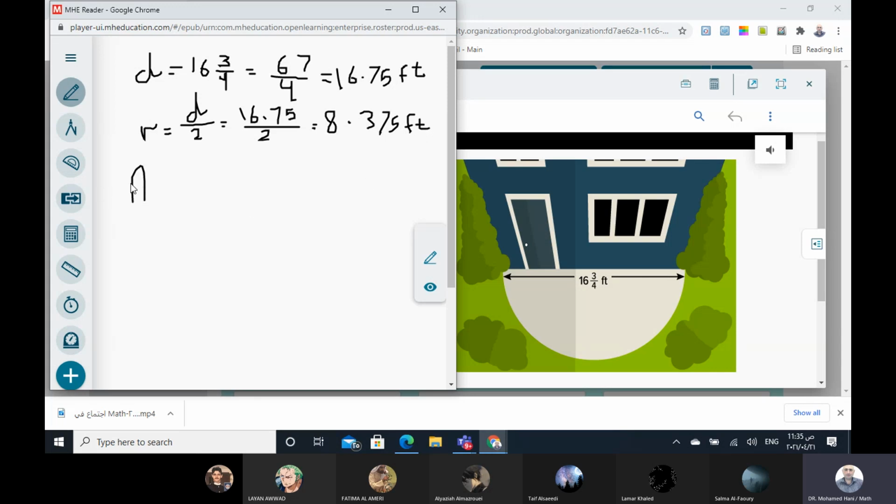Now write the formula of the semicircle. The area equals 1 over 2 times pi times r squared. So here we have 1 over 2 times the value of pi, 3.14, times the value of r, 8.375, but here we have squared, means 8.375 times 8.375.